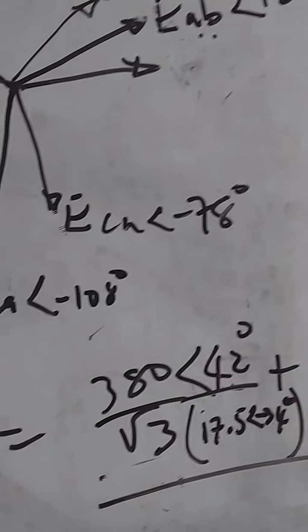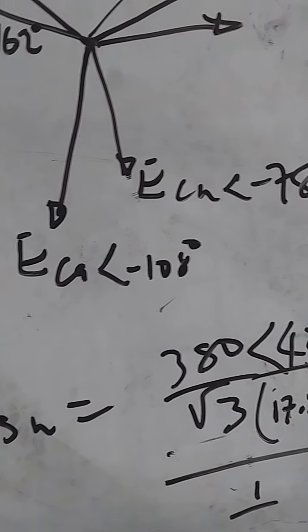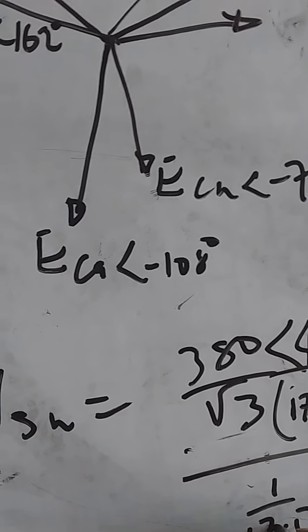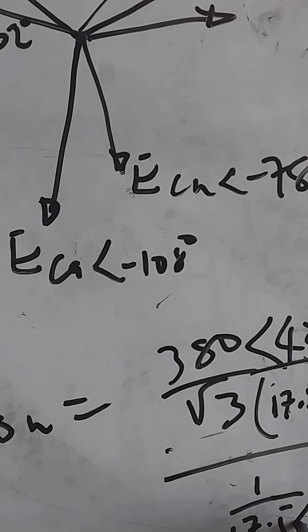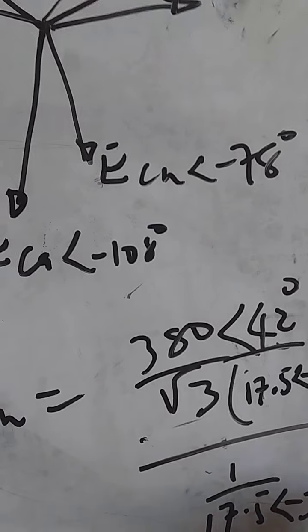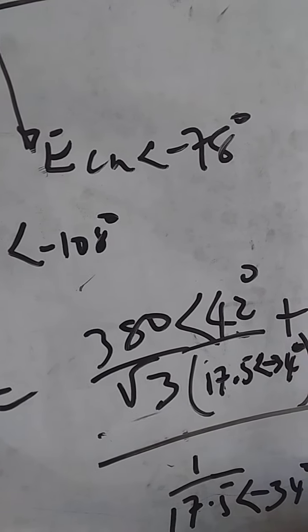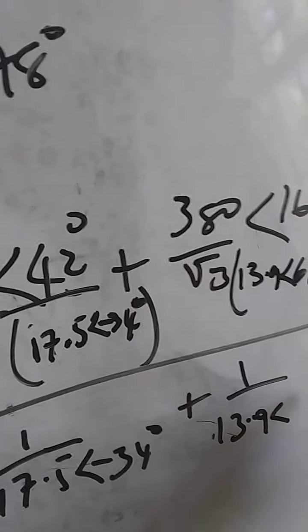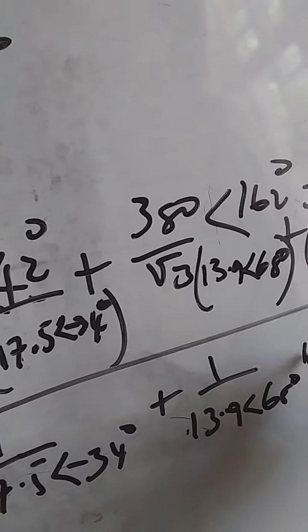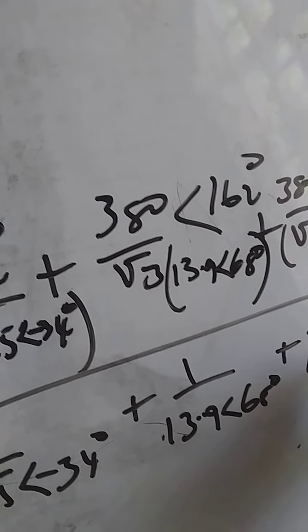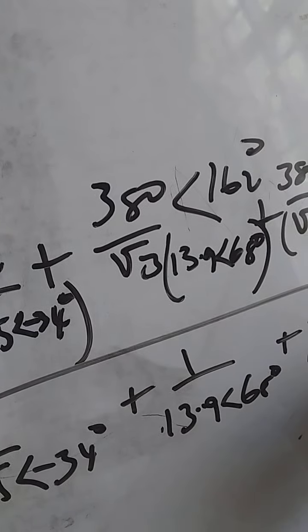So that gives you the numerator. Then the denominator will be 1 over 17.5, that is YA, at minus 34 degrees, plus YB, which is 1 over 13.9 at angle 68 degrees, plus 1 over 14.2 at angle minus 49 degrees, that is YC.